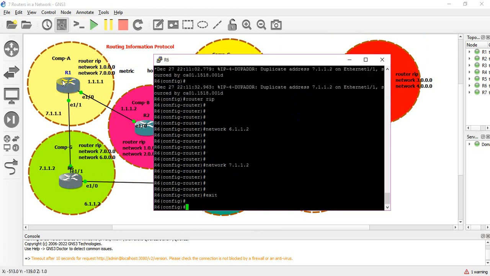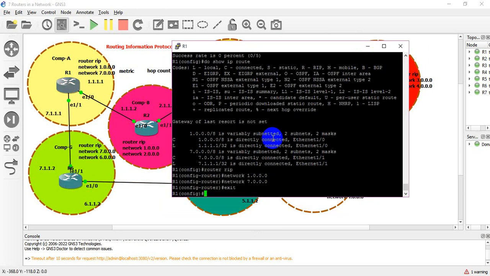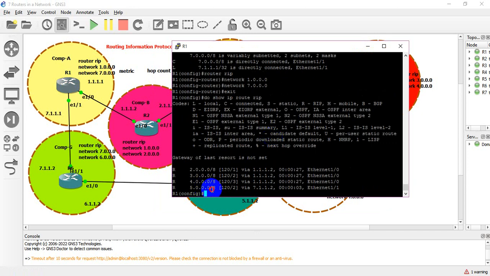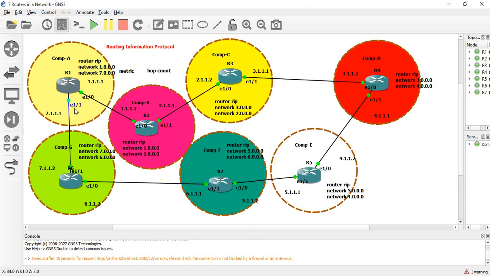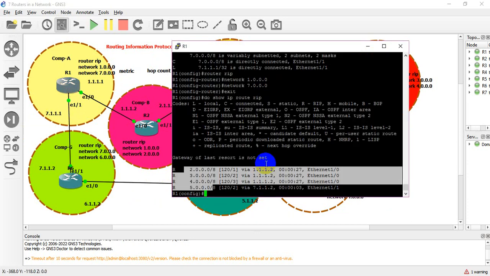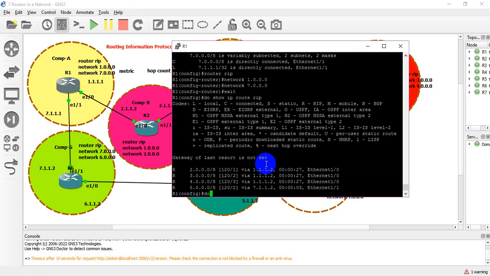So if you check the routing table, then all routing tables will be completed now. Look at these. Four networks were missing, and now these are available. 1, 2, 3, 4, and 2 are connected already. So 1, 2, 3, 4, 5, 6, 7. Let me write here: do show ip route.